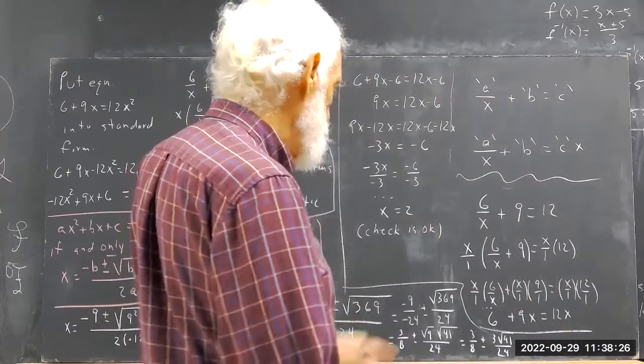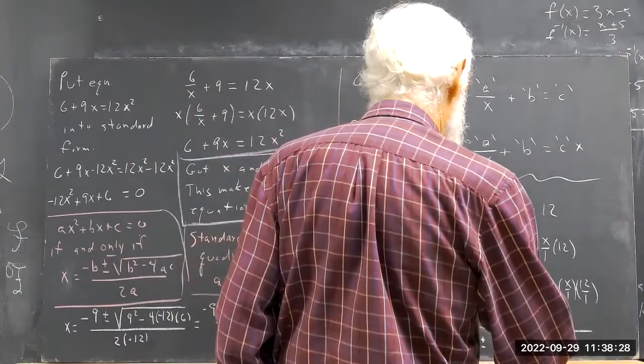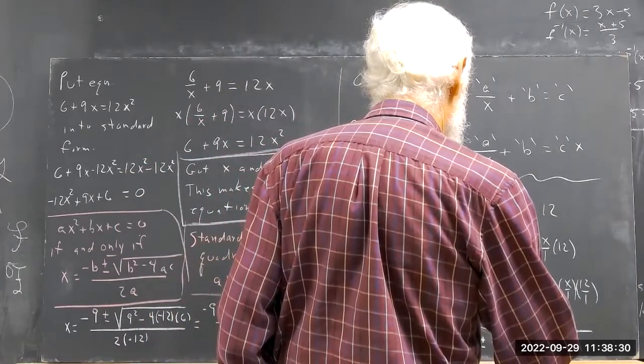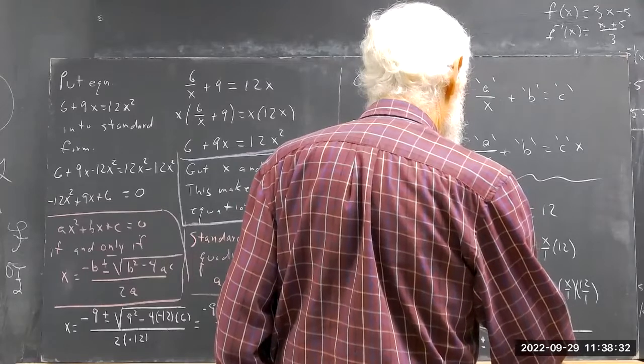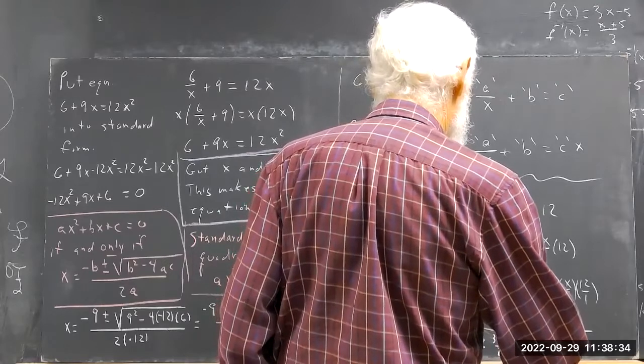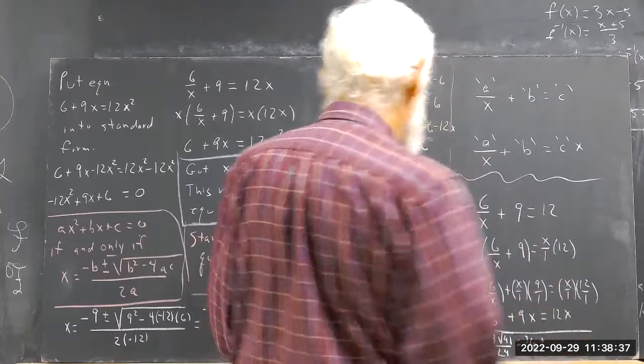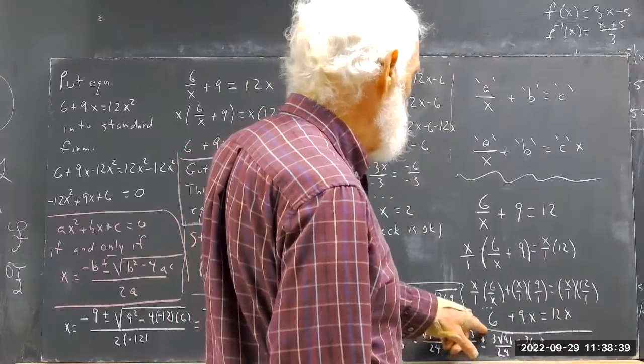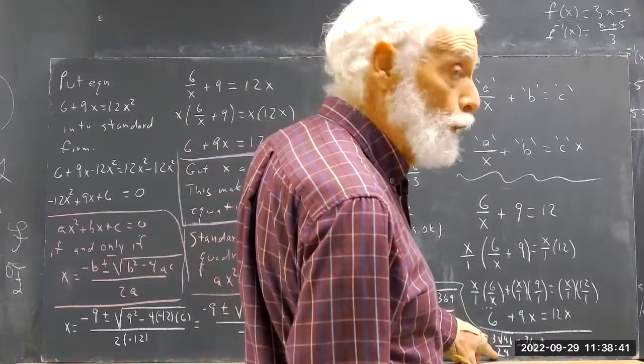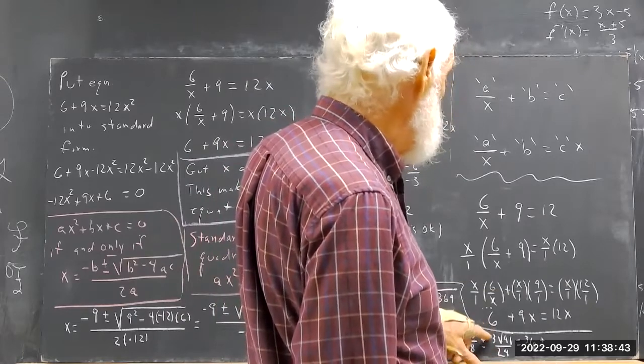Okay. Square root of 9 I replace with 3. And of course, then 3 into 24 is 12. So it reduces down to 1/8, right?